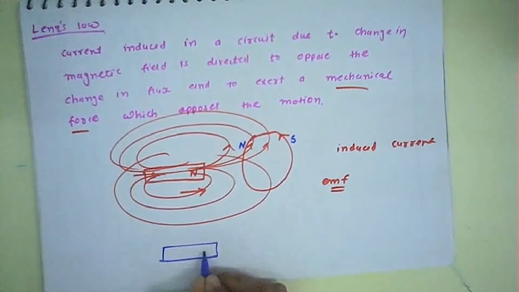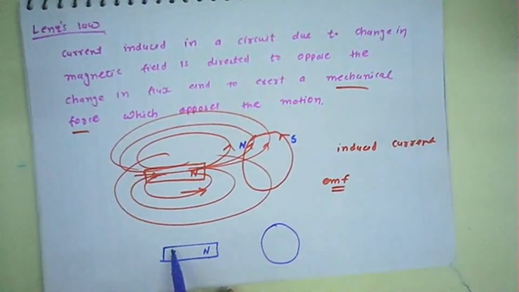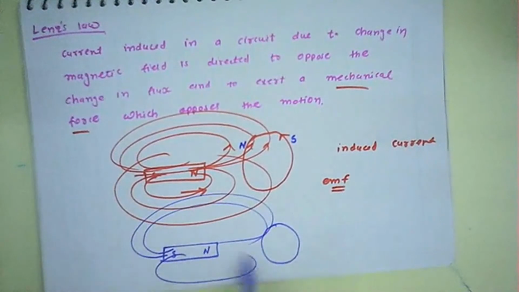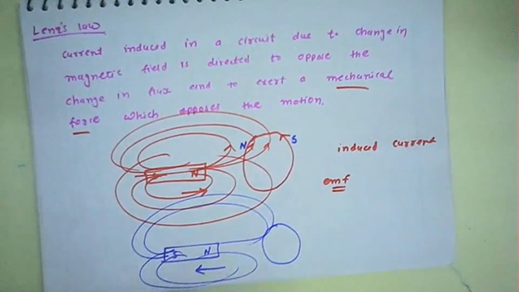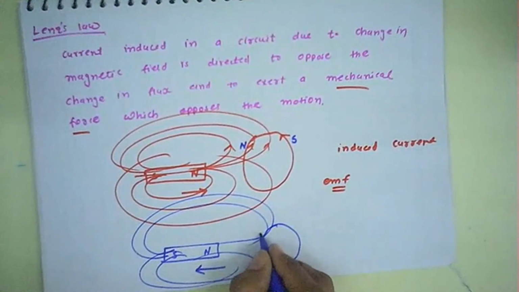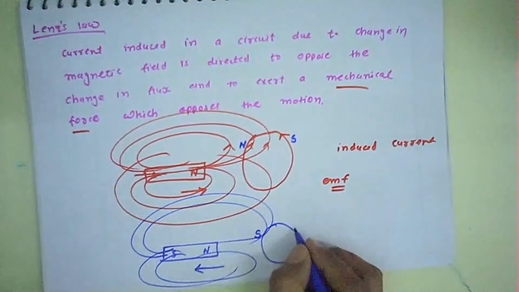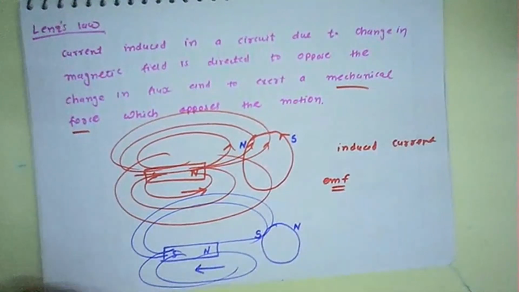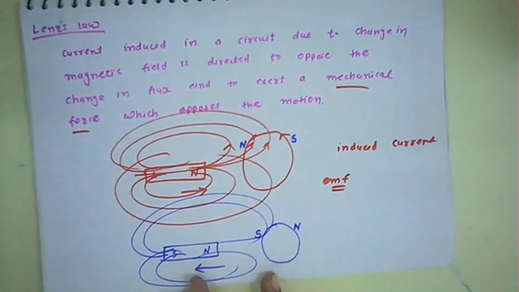Second way, if we keep the north and south, and consider the loop again, and we move away, the field line passing through this loop is changing, but now it will apply the mechanical force in such a way that here it will result in the south pole and the opposite would be the north. So here it would feel attraction.